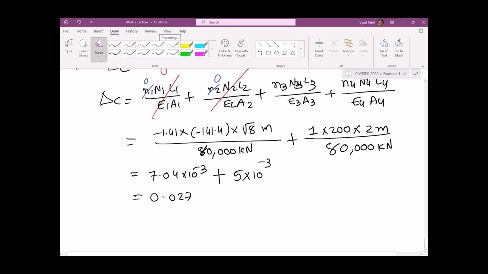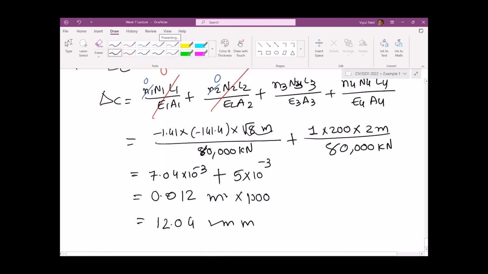You get 0.012 meters, because you remember this one we have in meters. So times by 1000, you get 12.04 millimeters.